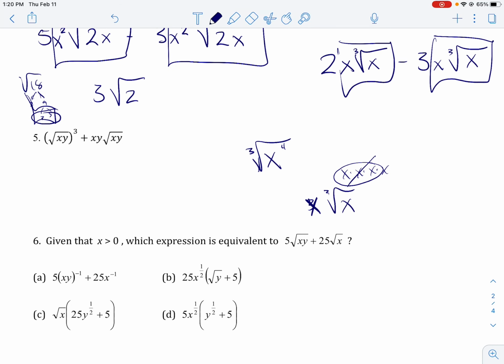Okay, number 5. All right, so this is x, y raised to the 1/2, all times 3 plus xy square root of xy. Okay, so we're going to multiply this through.